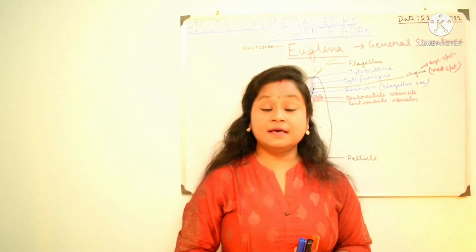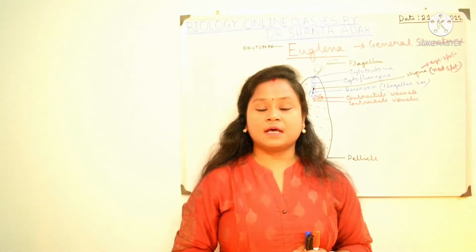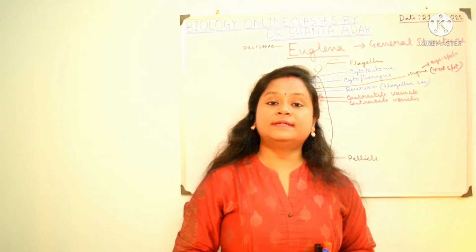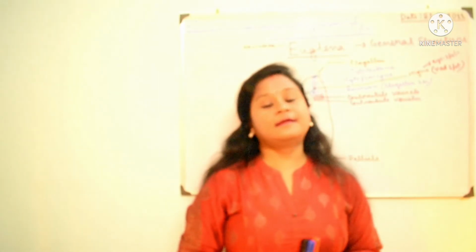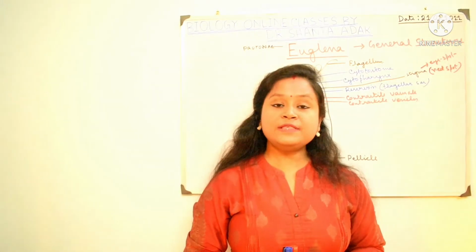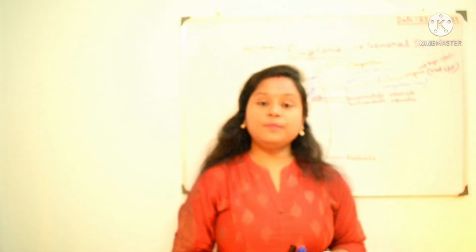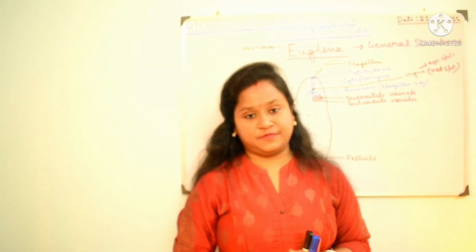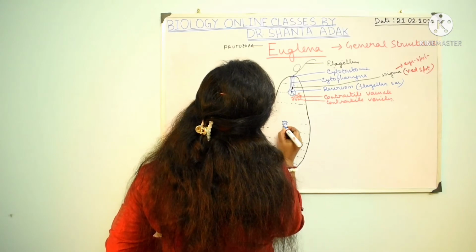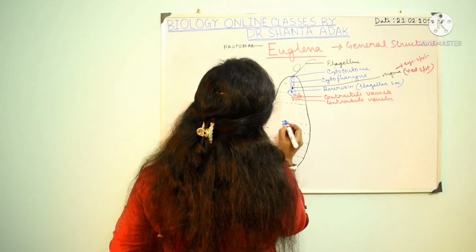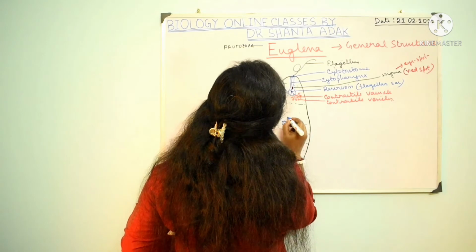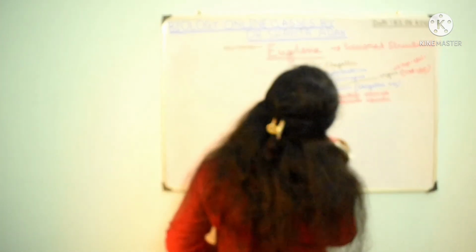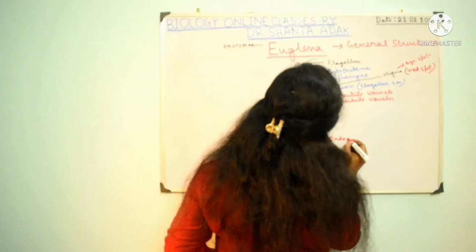Next point is cytoplasm. Cytoplasm is divided into thin, clear, non-granular ectoplasm and granular endoplasm, which is fluid-like. Endoplasm contains nucleus, paramylum bodies, chloroplasts, etc. This one is endosome.